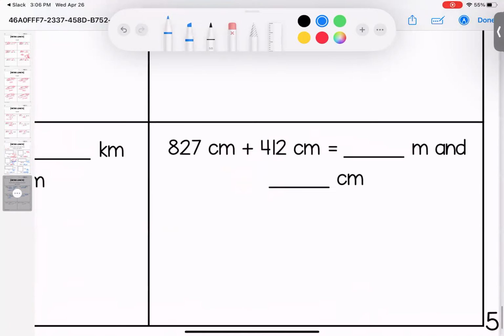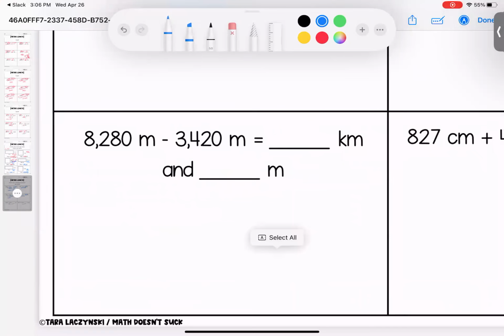2 more down here. I'm subtracting 8,280 meters minus 3,420 meters. When I subtract these, I'm left with 4,860 meters. How many kilometers and meters would that be? I divide it by 1,000.